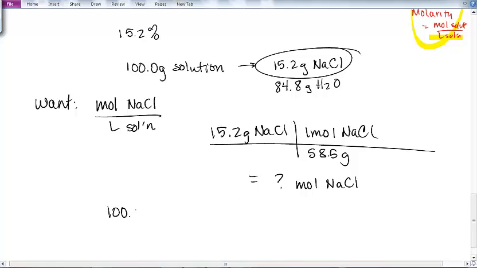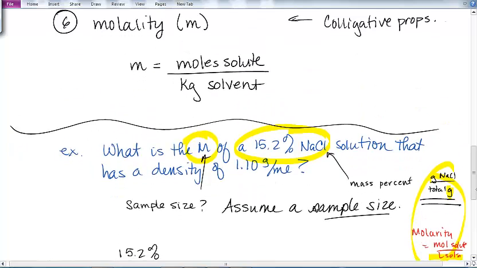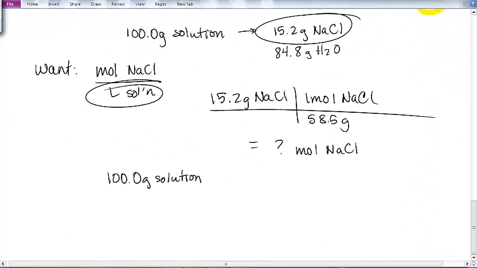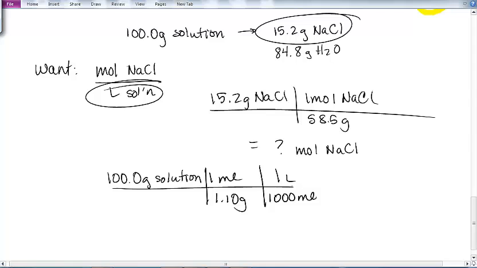All right, then the other thing I need is to get liters of solution. Now, I know I have 100 grams of solution, and if I go back to the problem, something that's going to help me go from grams of solution to liters is the fact that I have this density right here. If I can convert grams to milliliters. So in this case, I know it's 1.10 grams per milliliter. I know there's 1,000 milliliters in a liter.